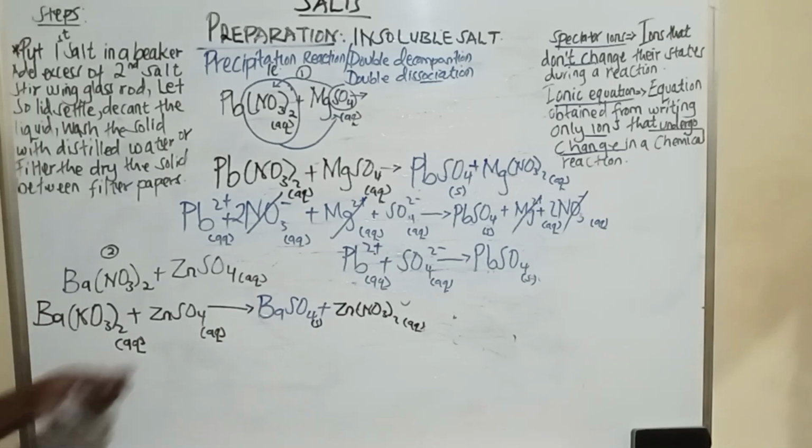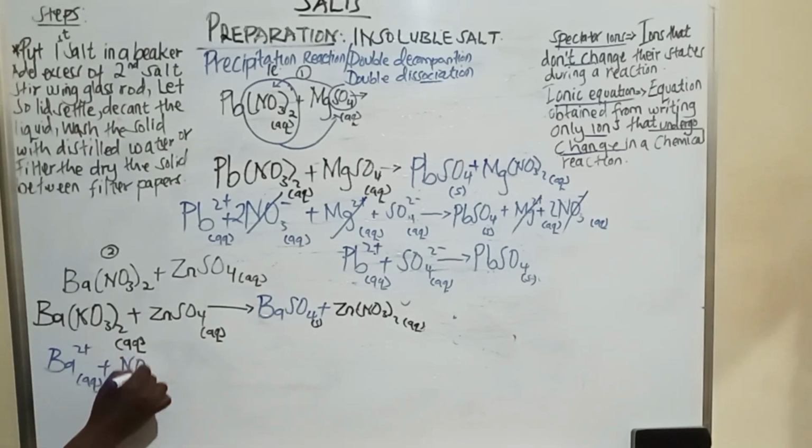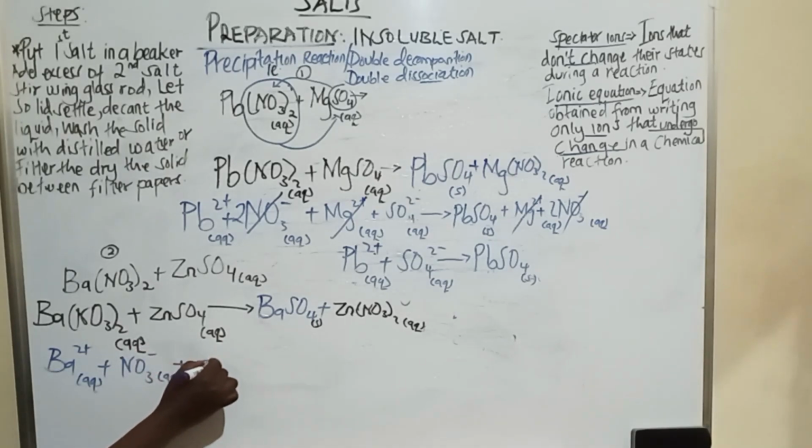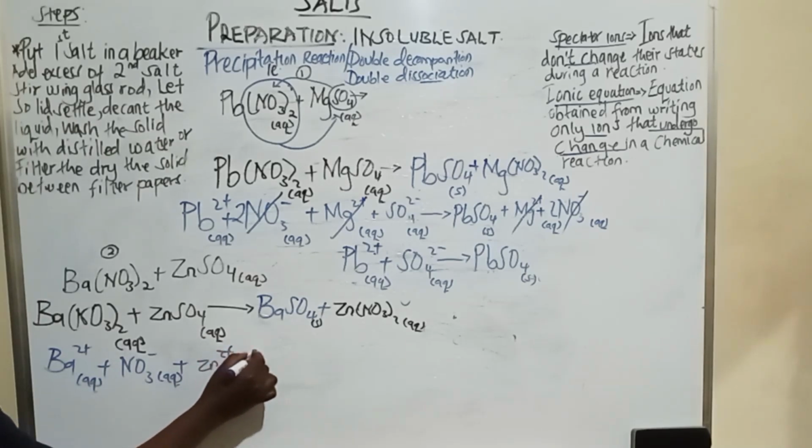The next thing is you write the ions present in our equation. You break it down. So we are going to break it down in this way. The ions here are, we have barium. The other one that we have is what? The nitrate ions plus zinc ions. I can see you understood, yeah?